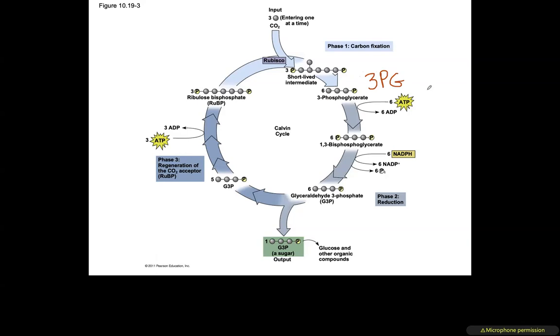All righty, so that 3-phosphoglycerate is going to receive, because there's 6 of them, they are all going to receive an ATP molecule, and that ATP molecule is going to drop off a phosphate. Look at that. There's 6 ATP molecules. They're going to drop off a phosphate. Boop. Oh, look at that.